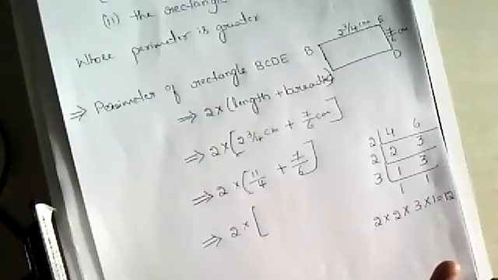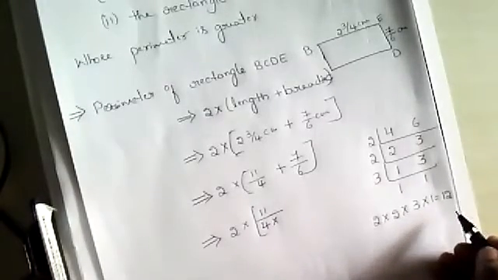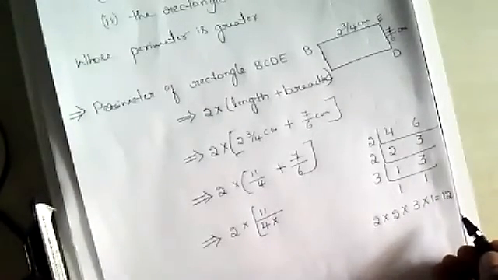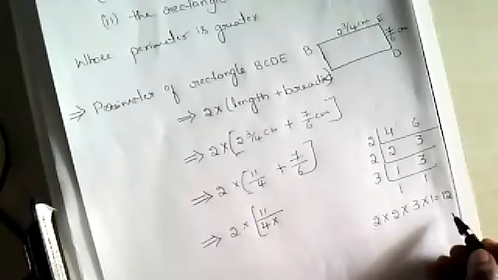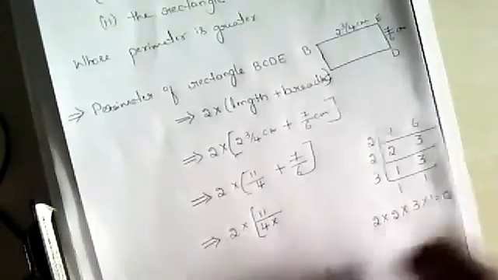Now, as always we have done, the same 11 upon 4. In the 4 table, when will we get 12? 4 ones are 4, 4 twos are 8, 4 threes are 12.